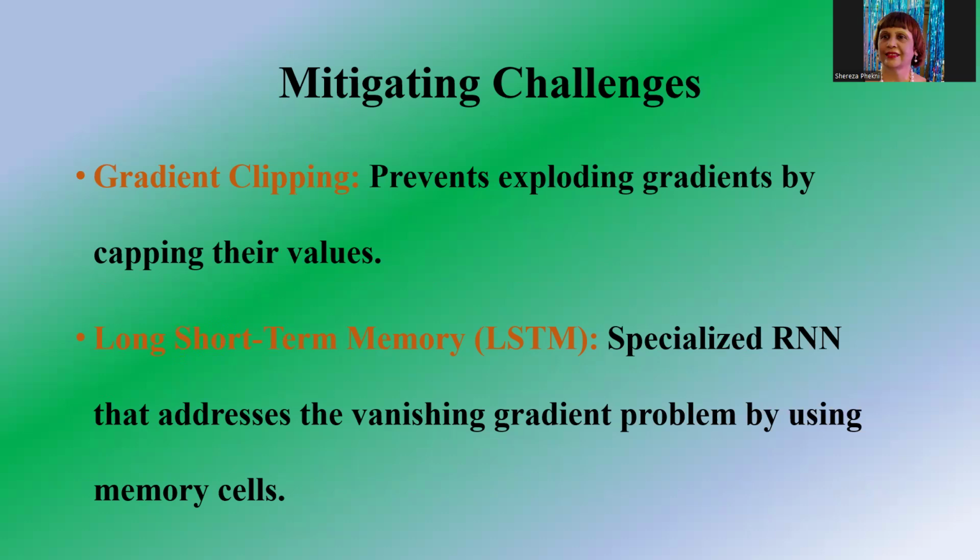The other is long short-term memory, designed to address the vanishing gradient problem by incorporating memory cells and gating mechanisms. These memory cells can maintain information over long sequences, and the gating mechanism controls the flow of information, deciding what to keep, forget, or output at each time step.